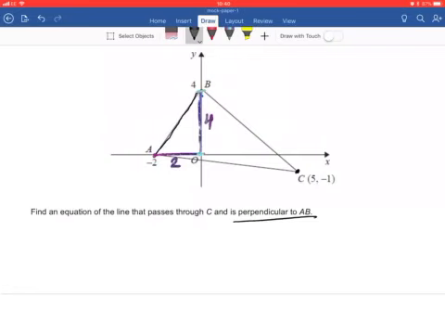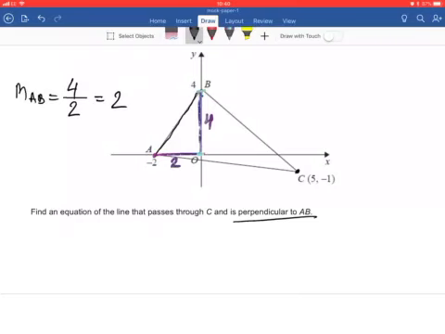We want the gradient of AB. We want the change in y, so how many you're going up, which is 4, over the change in x, which is how many you're going across, and that's 2. So the gradient of AB is 2. Now we want the equation of the line perpendicular to AB.